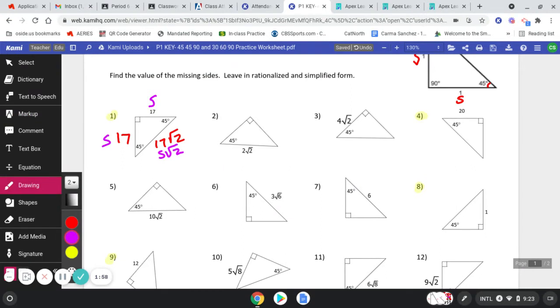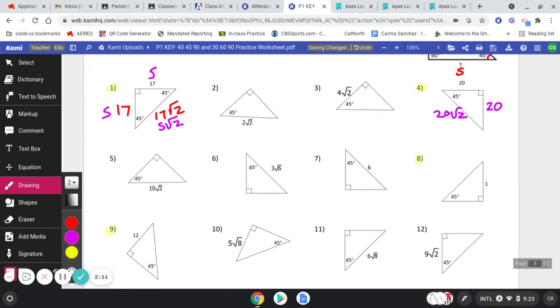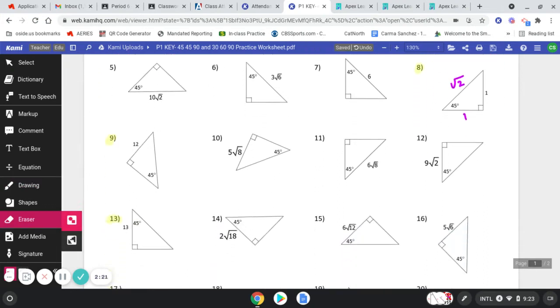So again, they gave me the 20 as the side length, so I know this other side length is 20, and then I know the hypotenuse is just the side length root 2. Okay, looking down at number 8, if the side length is 1, this other side length is 1, and the hypotenuse is just 1 root 2. Do I need the 1 there? No, technically I can just put root 2.